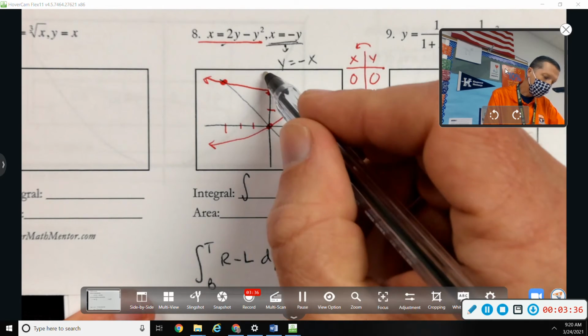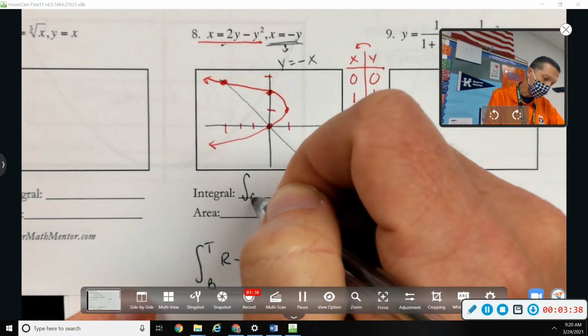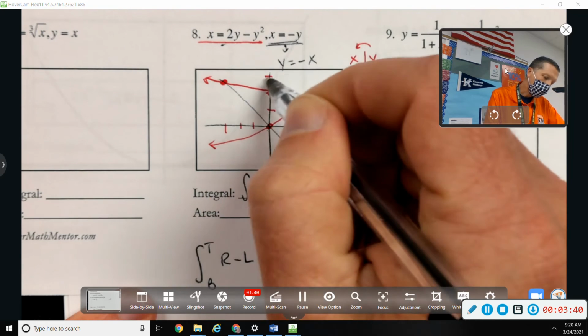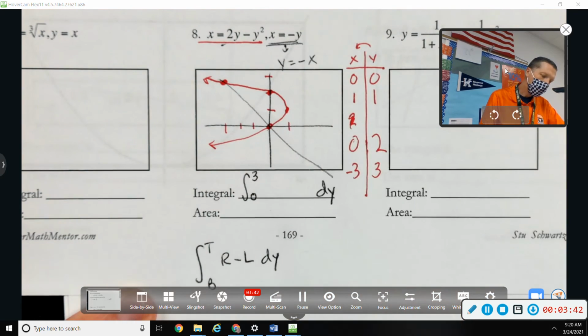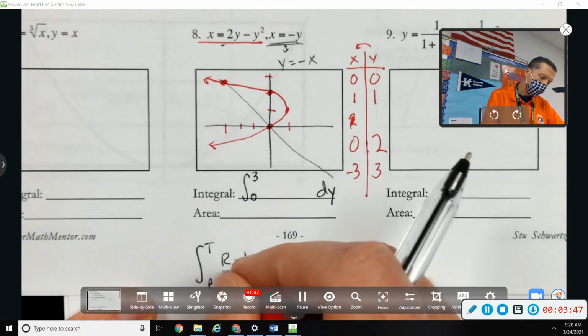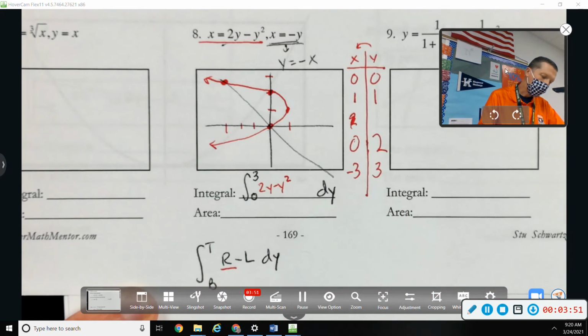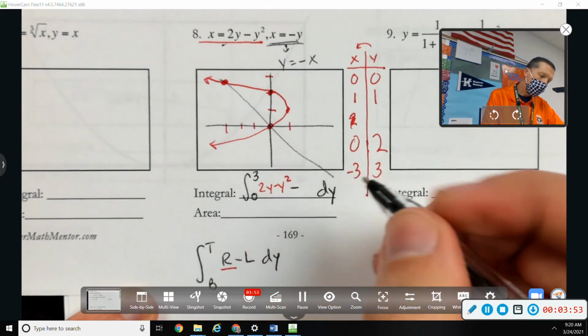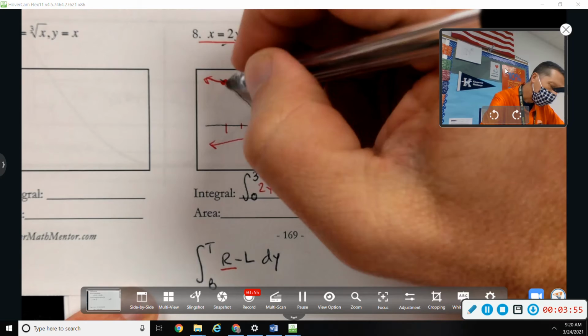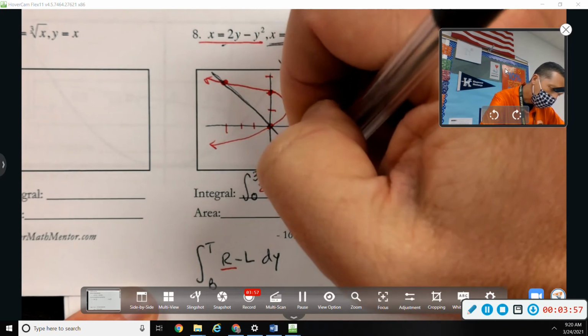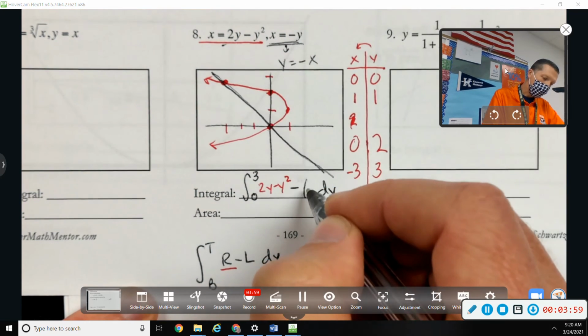So from bottom to top in y values, it goes from 0 to 3. And the right minus the left one: the right one was the red one, so that's 2y minus y squared, minus the left one, which was negative y.